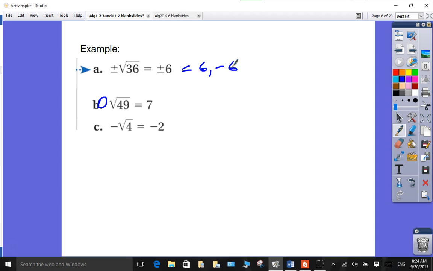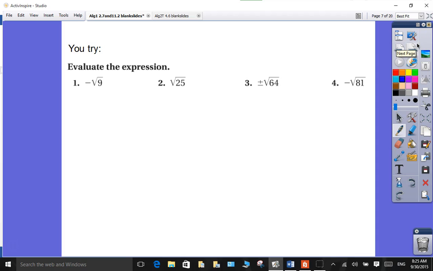So we always think of the square root as a positive, and then we use the appropriate sign. If there's no sign, it's positive. So go ahead, evaluate those 4. And of course, you kind of have to know at least some of the perfect squares.